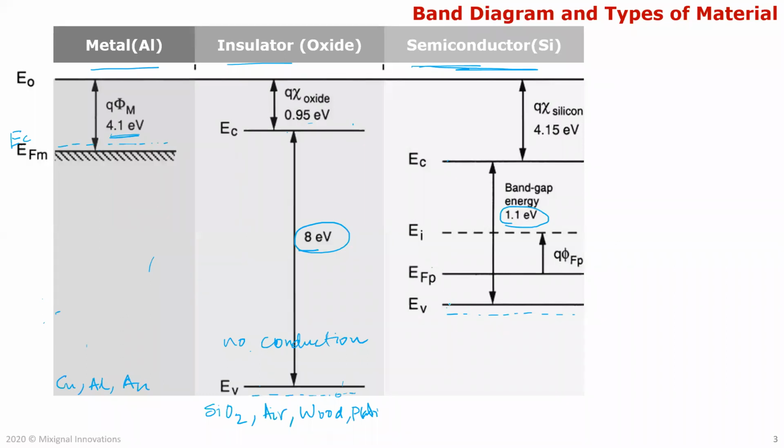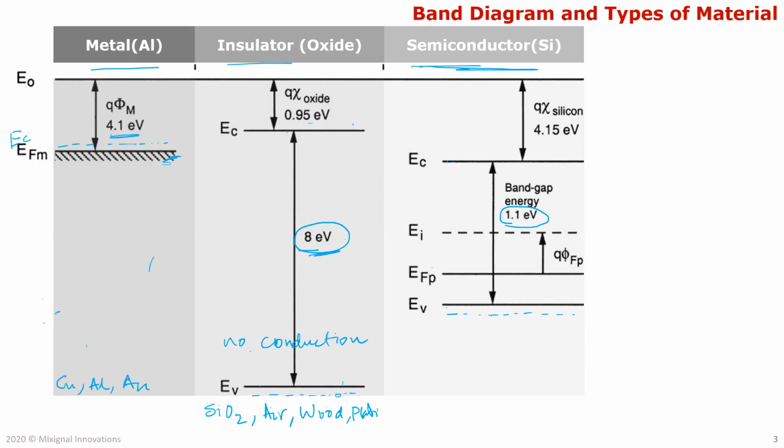But this gap, you can see, is much less than, for example, in the insulator. Obviously, there is still a gap, unlike the metal. In the metal, the bands overlap, so all the electrons are in the conduction band, free electrons.